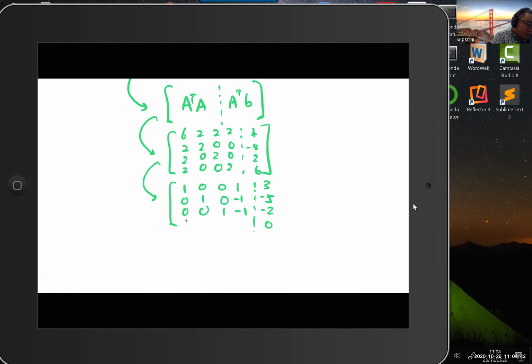The answer is we would have a row of all 0, because when we count the number of pivots, we only have 3 pivots, showing us that only 3 columns of A transpose A are independent. So we have 3 variables and one free variable.